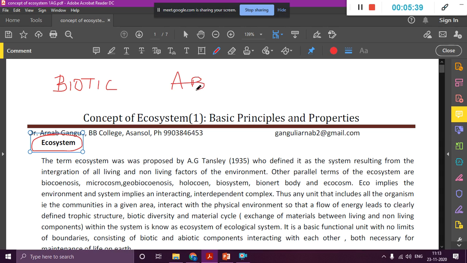Sir, are you sharing your screen? I can see your screen, sir. It's biotic and abiotic. I'm sharing my screen. Anybody else not able to see my screen? I can't see your screen, sir. I know, but anybody else?